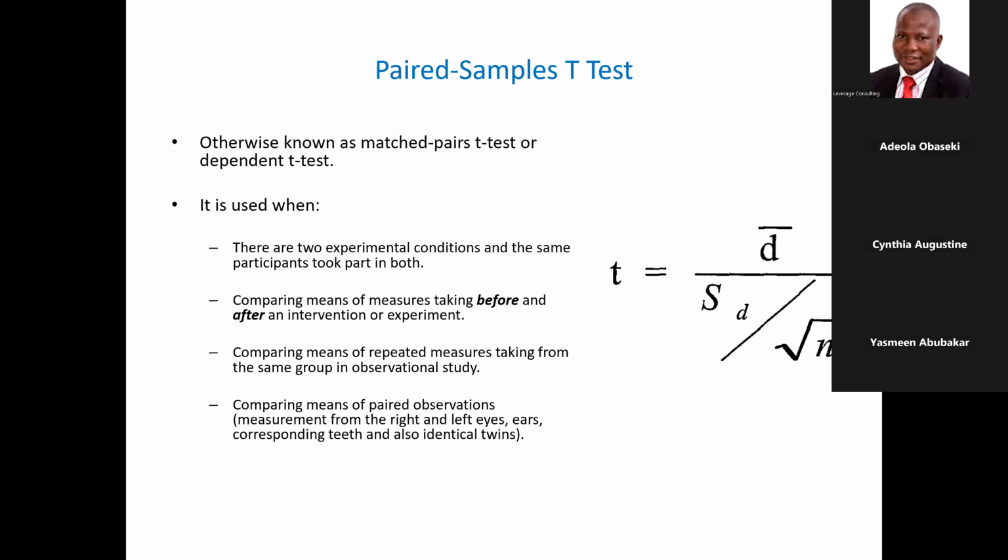Even in an observational study, you can compare means of paired observations from the right and left side: eye, ear, anything that occurs in pairs in the body, breast, teeth, nostril, hair. If you measure the intraocular pressure of the two eyes, you can compare, because it's the same person that has the two eyes, so you can use a paired t-test.